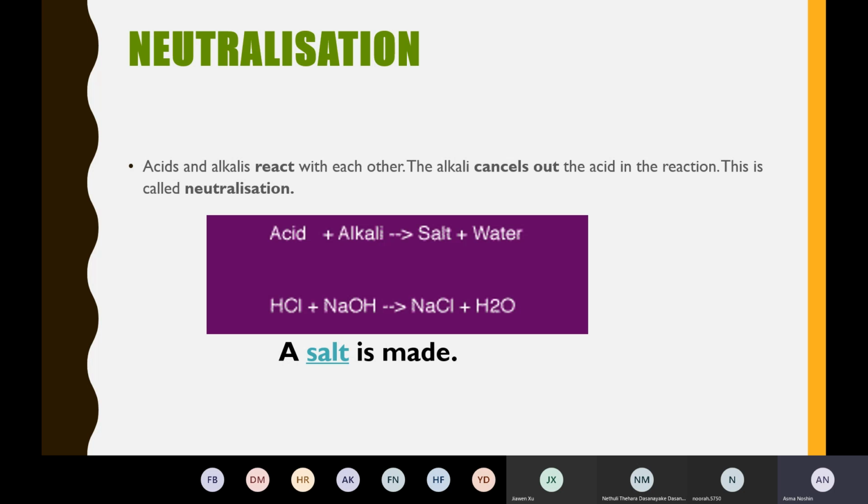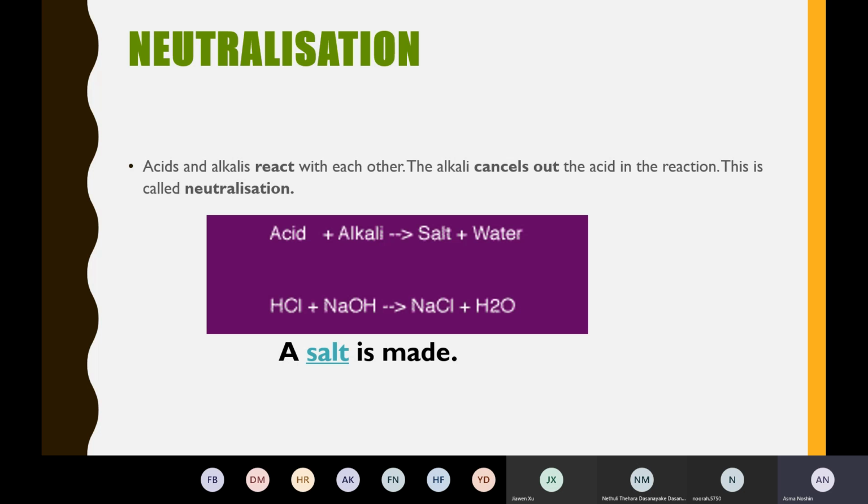So whenever with an acid you add any alkaline, that will give you salt and water, which is known as neutralization. So to cut down any acidic solution, we have to add an alkaline solution to make it neutralized. And what happens in neutralization?